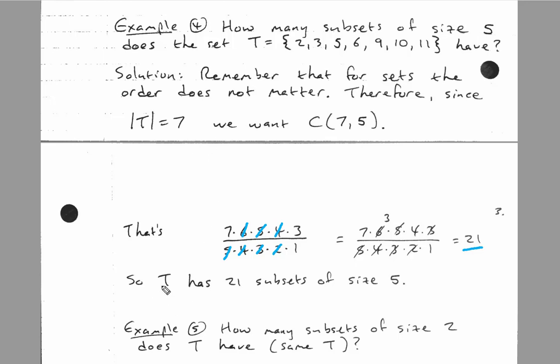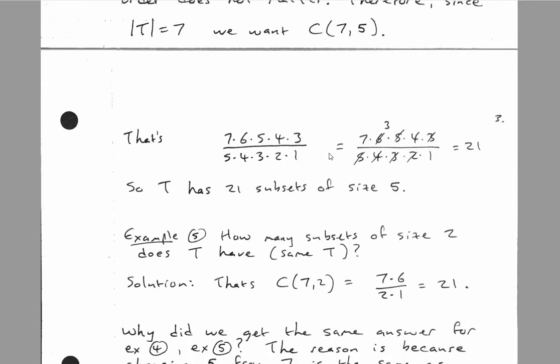And answering the question, T has 21 subsets of size 5. Okay, so if you're counting subsets, you need these combination numbers. Similar question here. Example 5, how many subsets of size 2 does T have?